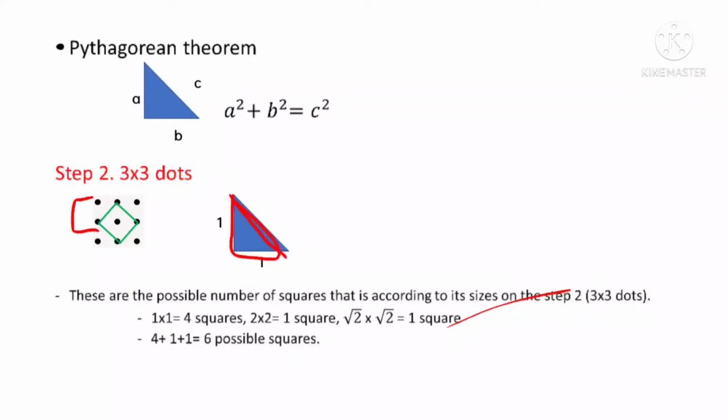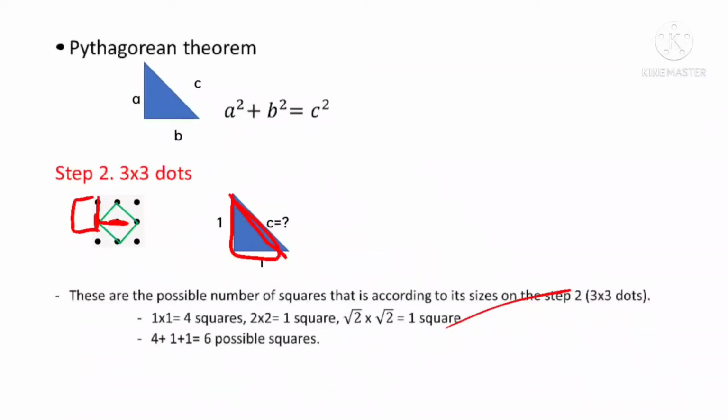Etong size na to, size nito, tsaka size na to is 1. Then, yung kukunin na lang natin is yung hypotenuse o yung C. So, C is unknown.